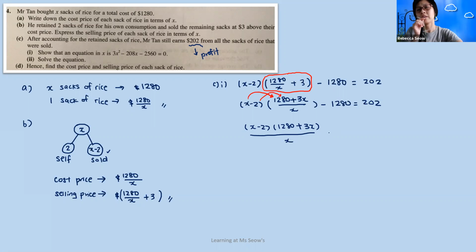Okay, and I'm going to bring negative 1280 over to the right-hand side. So that will give me 1482. Now at this point, what I could do is cross multiplication.